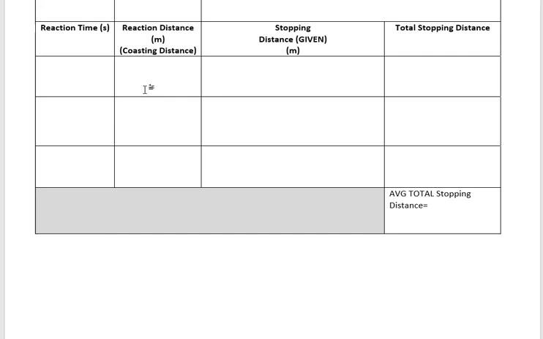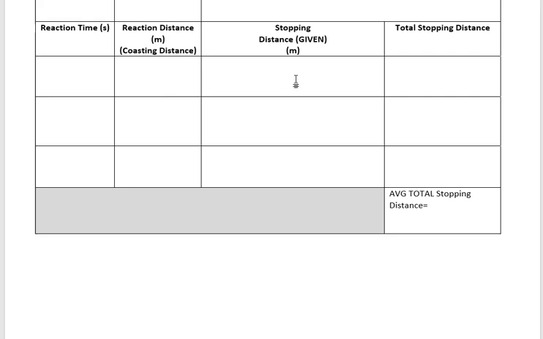So for the reaction distance, since you're just coasting and moving at constant velocity, you're going to simply multiply that reaction time times the 22.2 meters per second, and that will be your reaction distance. And you will repeat that for each of your reaction times. So you get your 3 reaction distances.